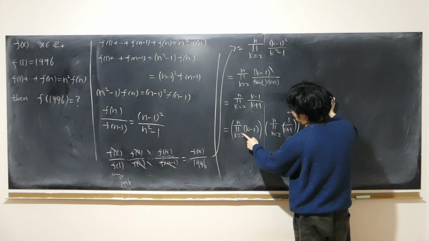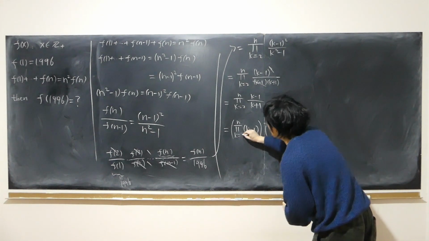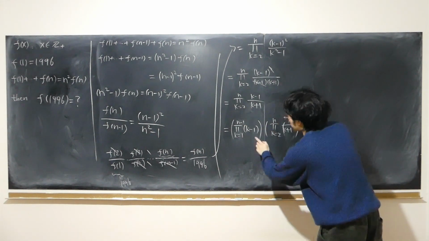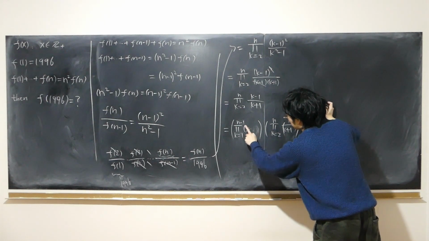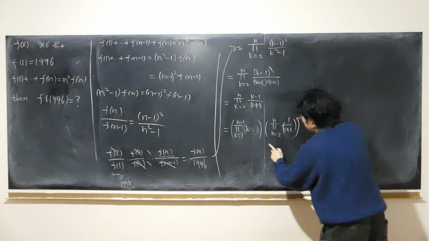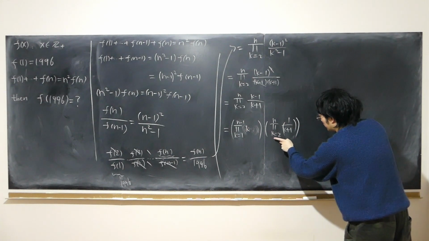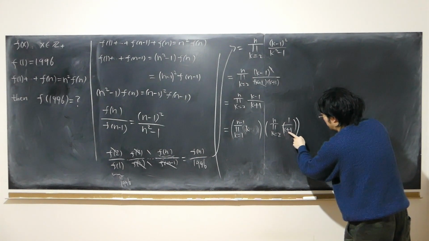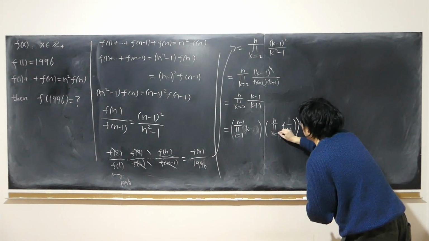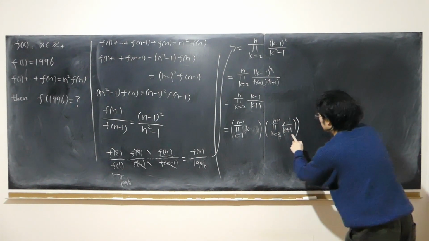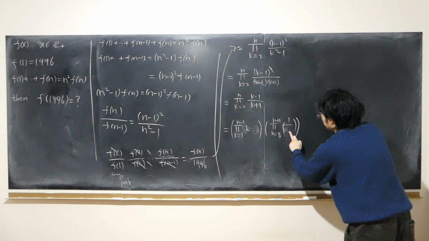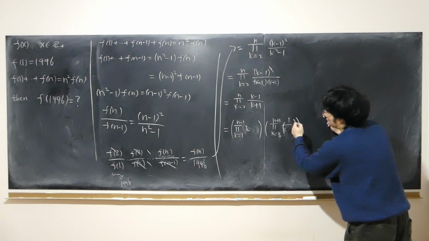For the other, we start from 3 and end with n plus 1, replacing it with k, just 1 over k.